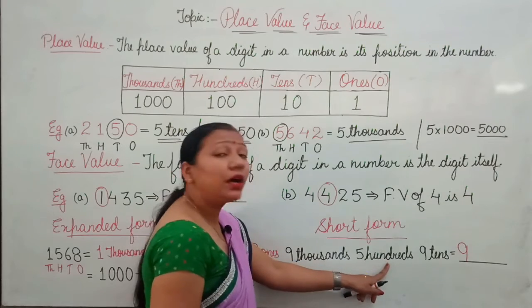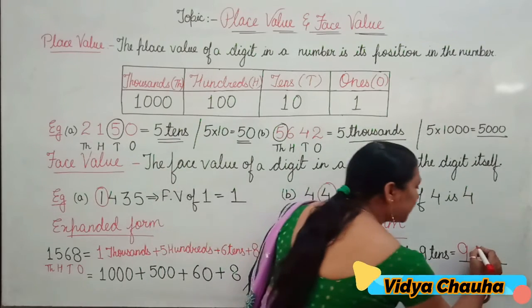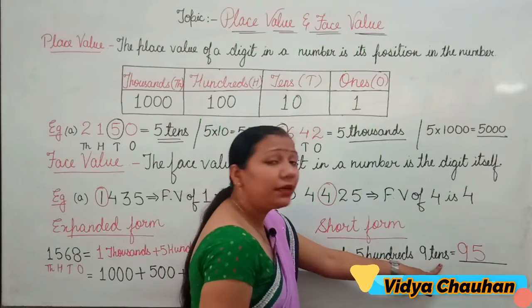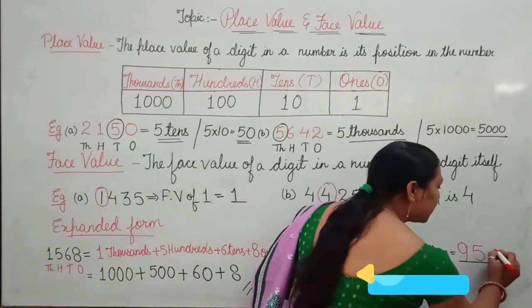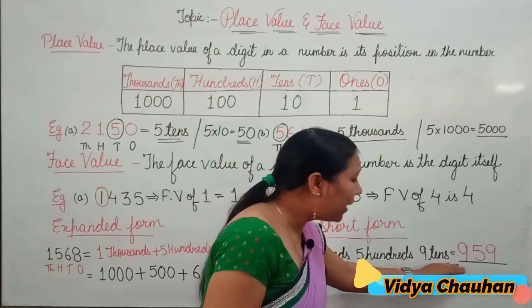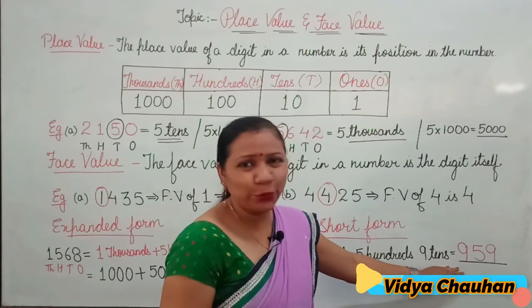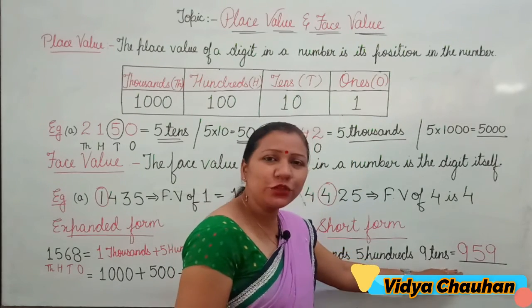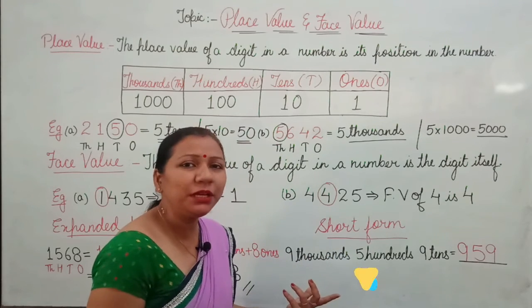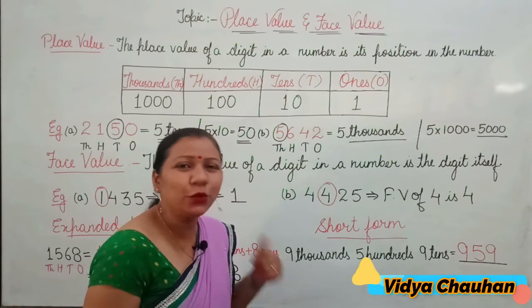Then 5 hundreds, so 5 is at hundreds place. After that, 9 tens. So at tens place, which digit is there? 9. Do we have a value for ones place? No. Ones place is not given to us. It means if it is not given, then which value will come here? Yes, 0.